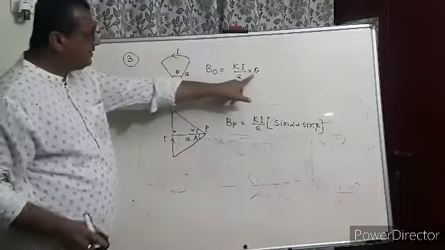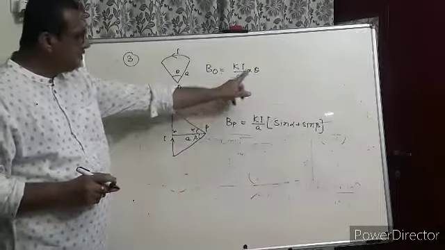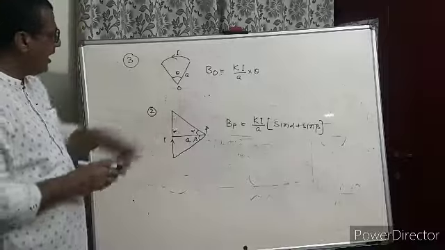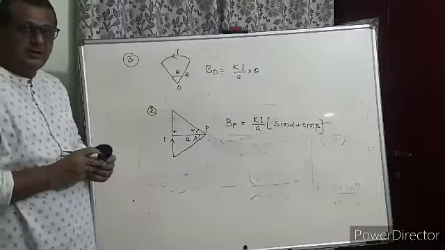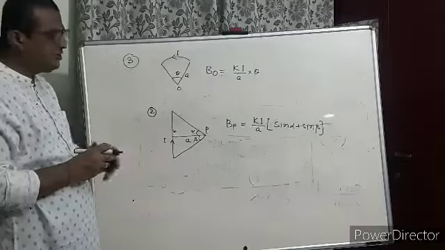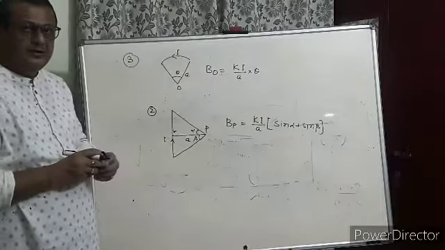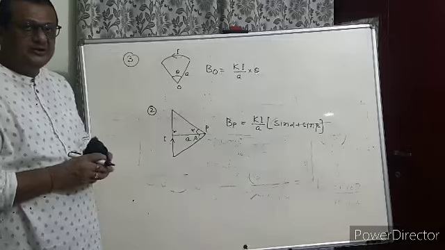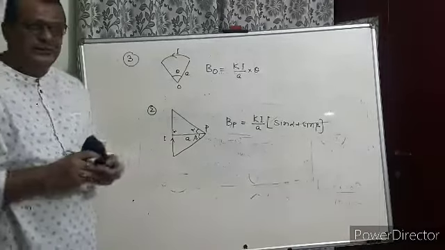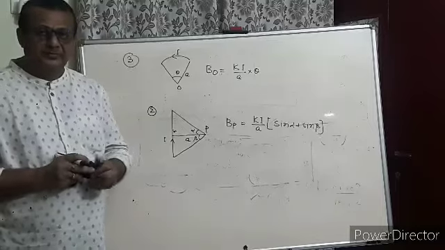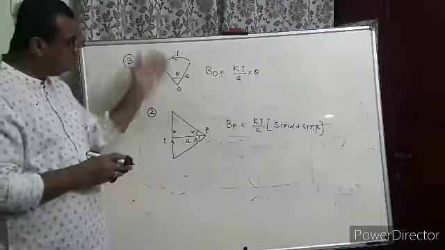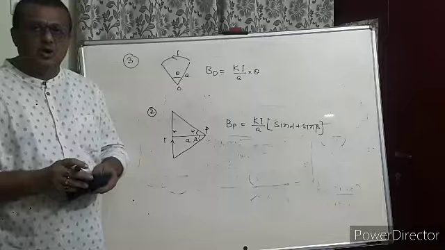This theta must be in radians. I is the current, which may be clockwise or anti-clockwise. In the last lecture we discussed how we can find the direction of magnetic field when current flows in a circular coil. I think these three formulas will help you in solving the problems.